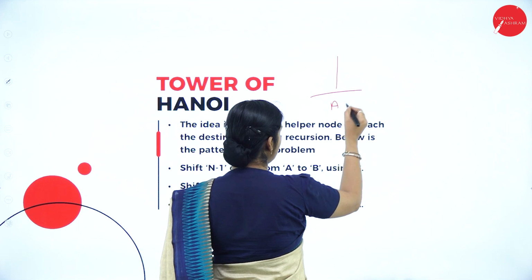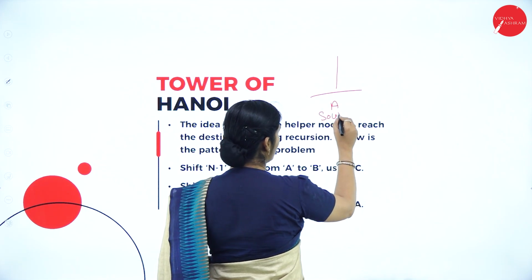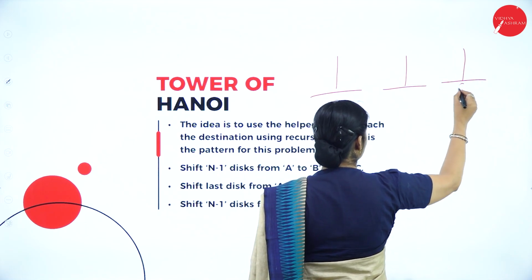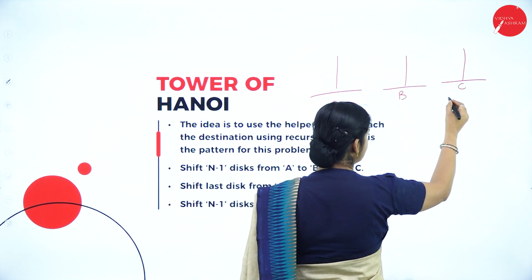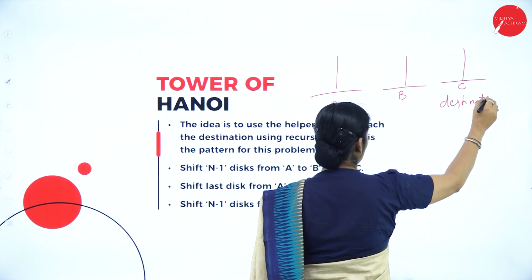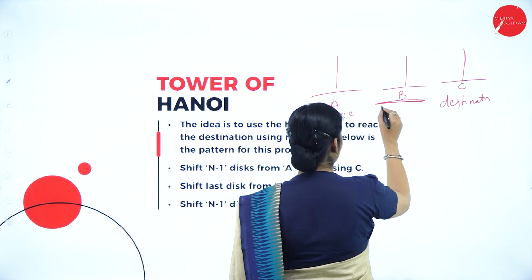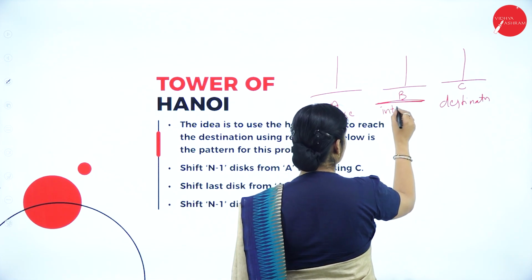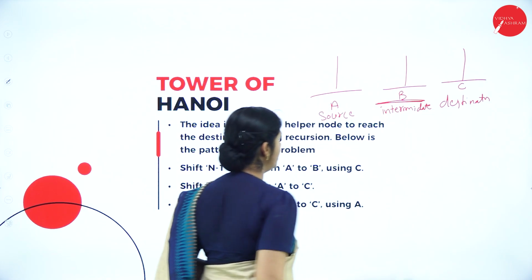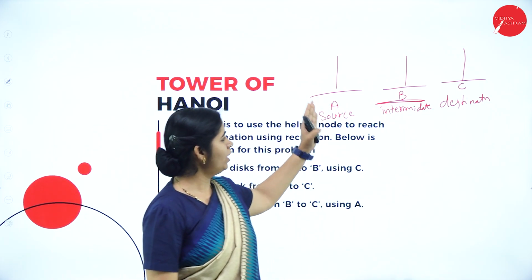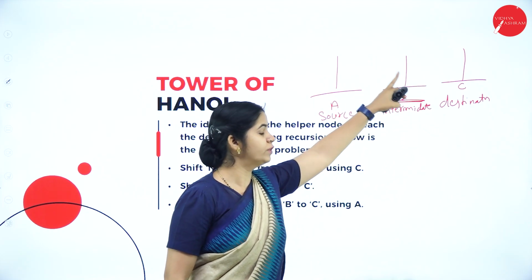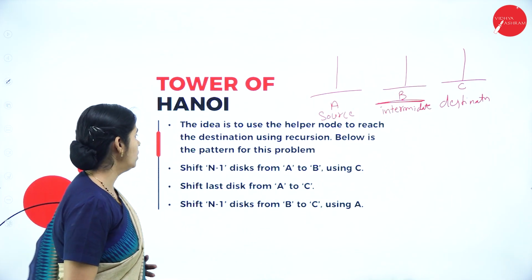Tower A is the source, and we have tower C, which is the destination. Tower B is the intermediate rod. This is how we move from source A to destination C with the help of the intermediate tower.